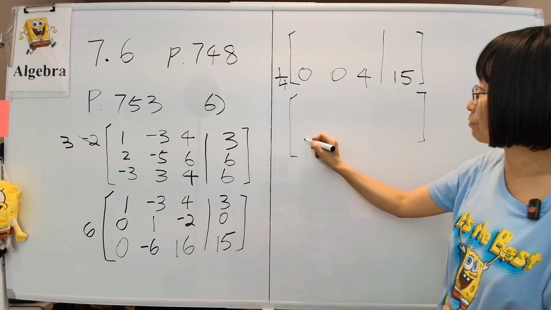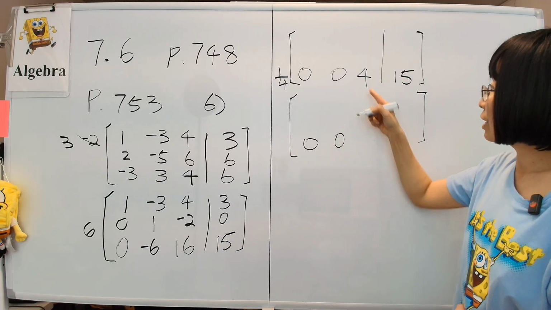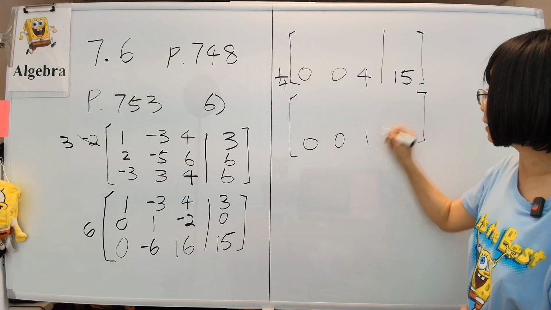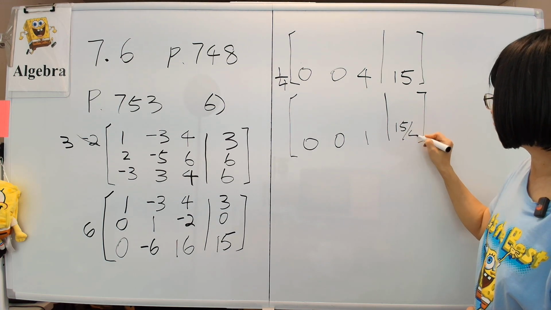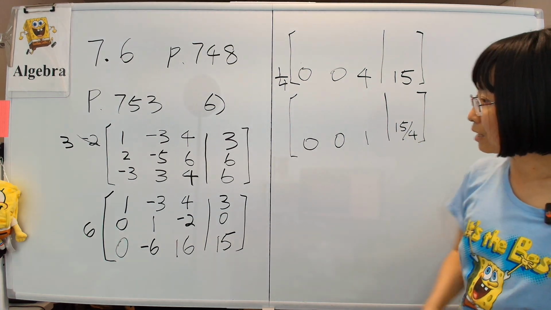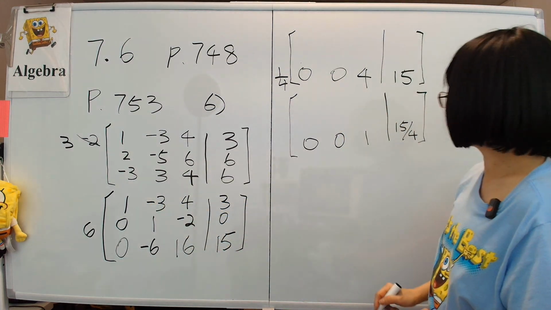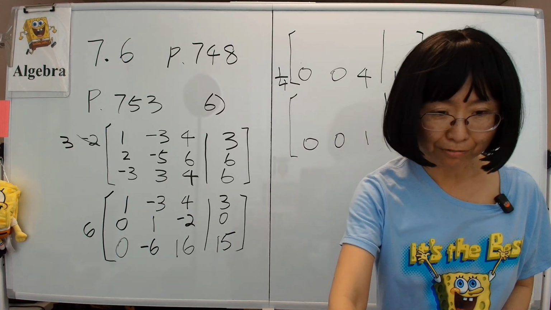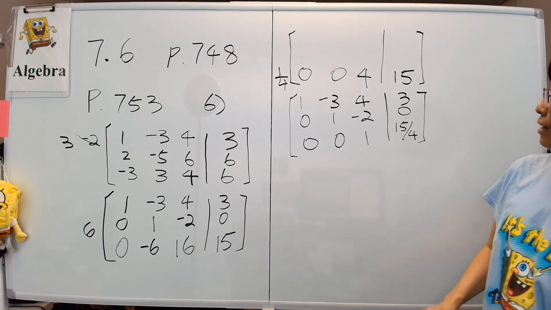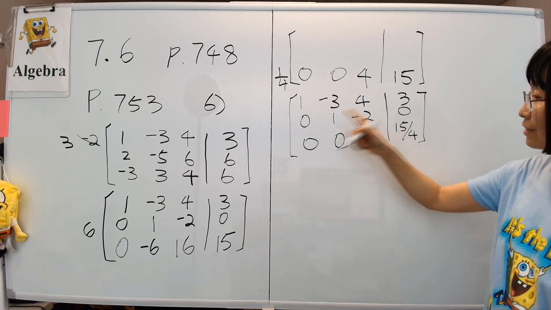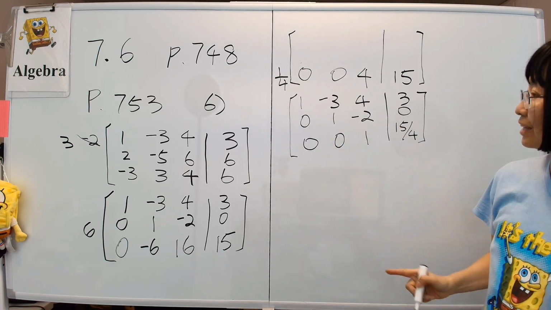So we get 0, 0. 4 divided by 4 becomes 1, and then 15 divided by 4, we'll leave it like that, 15 over 4. And now we can copy down the rest of the stuff, which I will do now. All right, so I am done copying. I copied down the rows from down here identically, I hope.